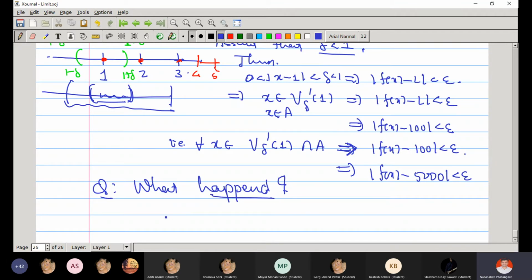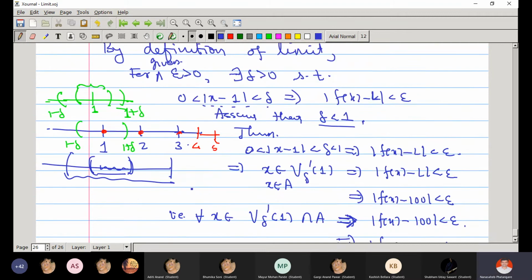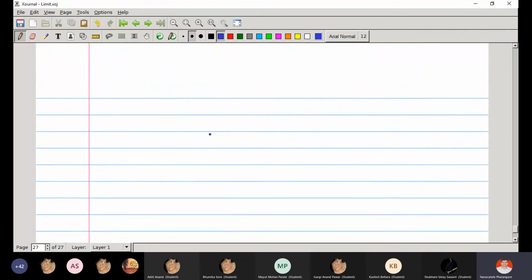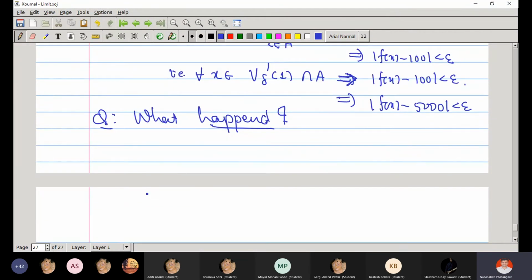Uniqueness fails. So what does the above argument say? Every real number is a limit of the function.